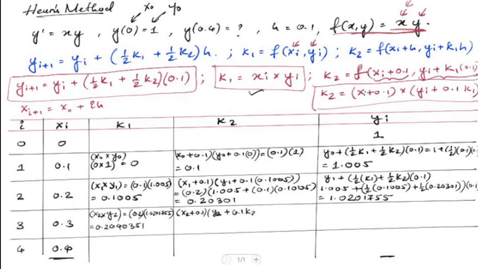This here is also not visible well, so y2 and k1 here. This k1 in k2 always refers to the k1 just before it, the k1 in its own row. So if the k1 is here, it means this value, and for this part here the k1 is representing this value you can see over here. So k2 is using the value of k1 in the same row.